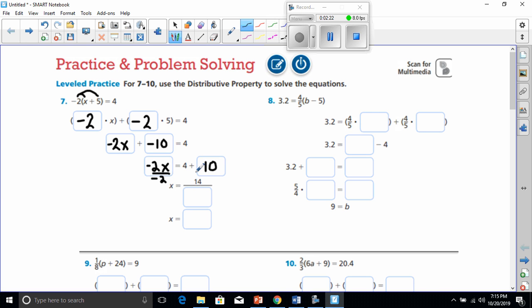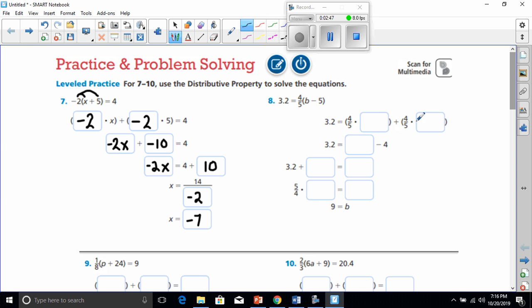That means this 14, the 4 plus 10, is going to be divided by -2. Okay? And once again, I'm going to get rid of this because it was just to show you guys where it was coming from. And lastly now, 14 divided by -2 is -7. And that's solving number 7.